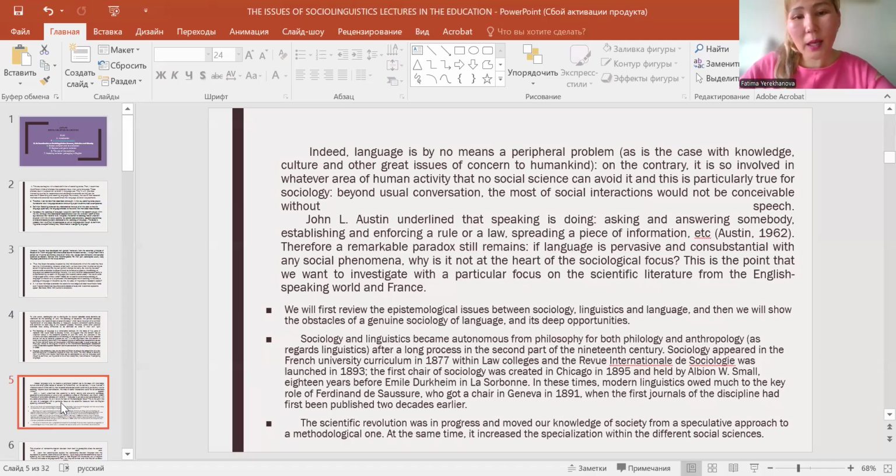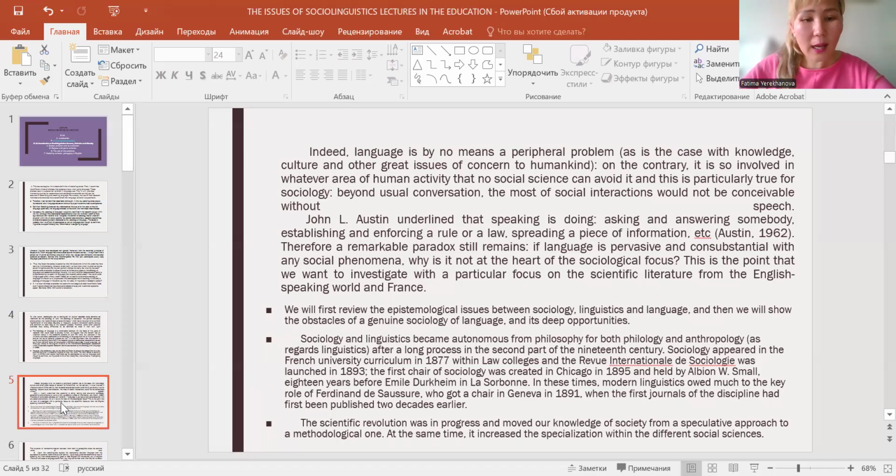And here we also have to understand that sociology and linguistics became autonomous from philosophy, from both philology and anthropology.